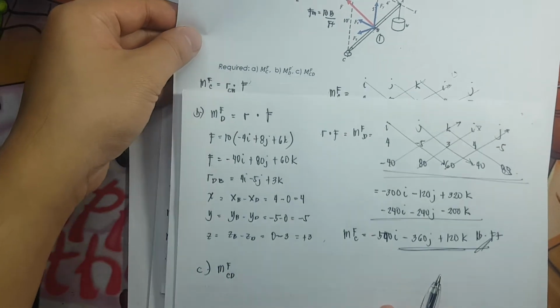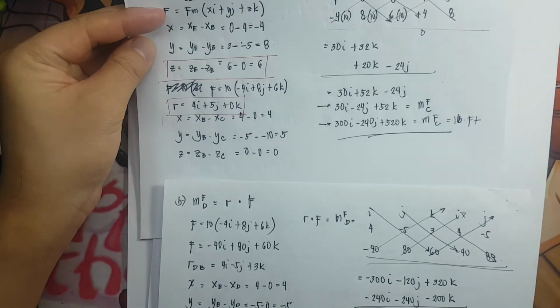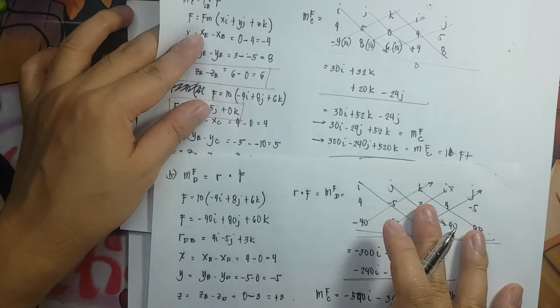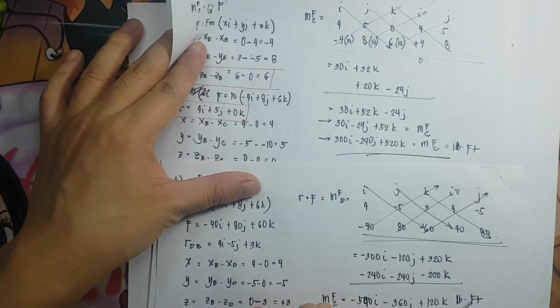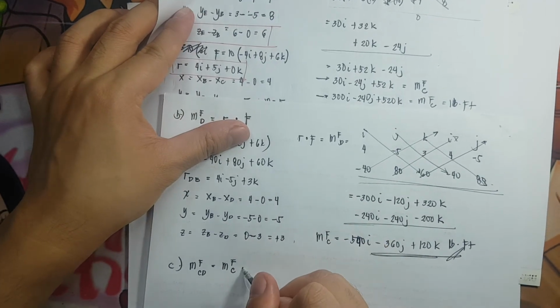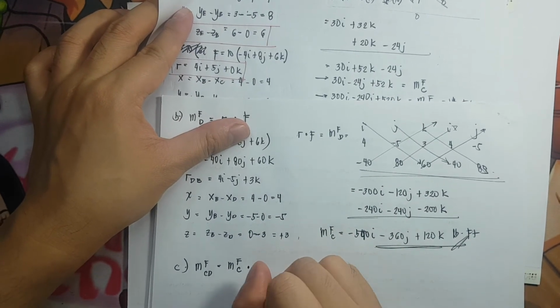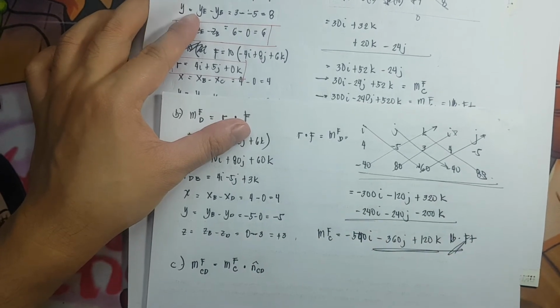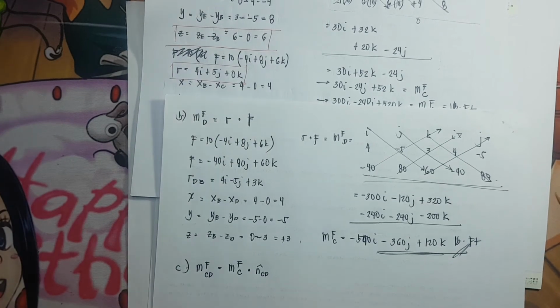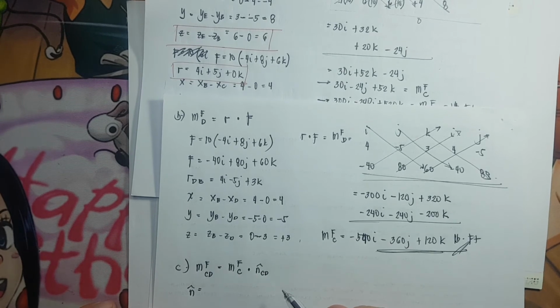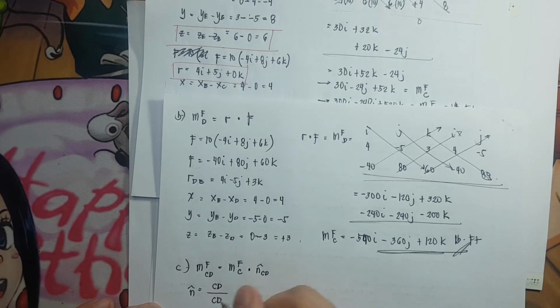But the thing is, we already have our moment of F with respect to C. So what we are going to do is simply add a position vector from C to D. The position vector is equivalent to vector CD over the distance CD.